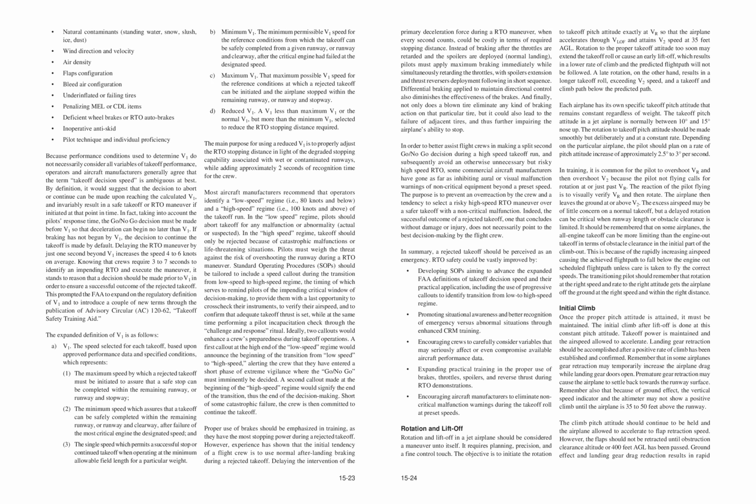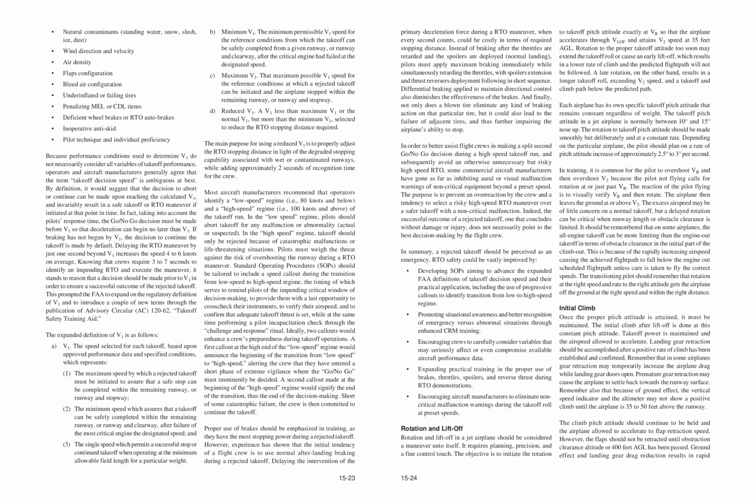B. Minimum V1. The minimum permissible V1 speed for the reference conditions from which the takeoff can be safely completed from a given runway, or runway and clearway, after the critical engine has failed at the designated speed. C. Maximum V1. That maximum possible V1 speed for the reference conditions at which a rejected takeoff can be initiated and the airplane stopped within the remaining runway, or runway and stopway.